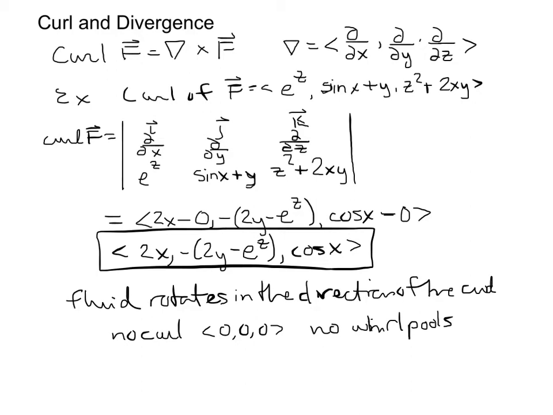Okay, so a few other facts about curl. Now, if F is conservative, and remember this means that the vector field would be equal to the gradient of some potential function. We looked at that before.